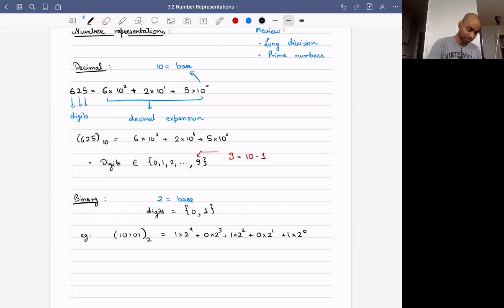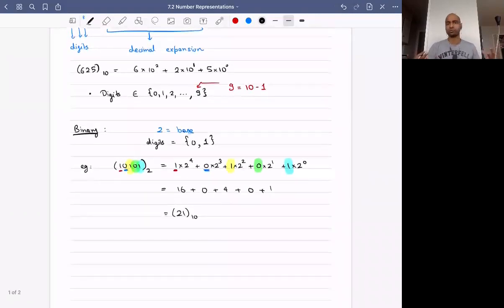Just so that we're clear on where things are coming from, this 1 is that 1, this 0 is that 0, this 1 is that 1, and this 0 is that 0. If you want to find out what this number is exactly, you will do 16 plus 0 plus 4 plus 0 plus 1, and that is 21. But this is in base 10. So 10101 in base 2 is the same as 21 in base 10.